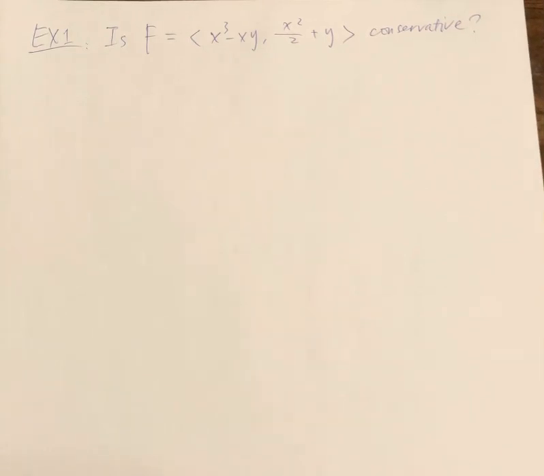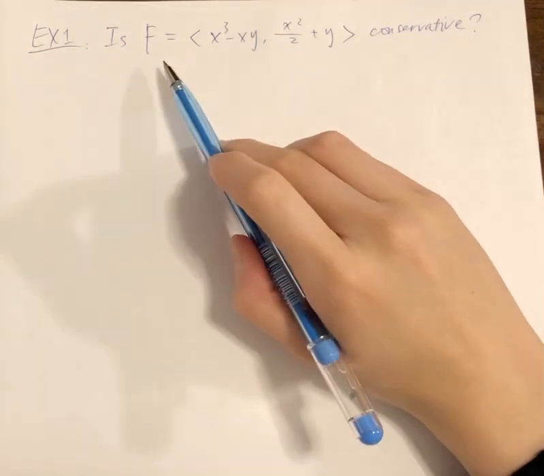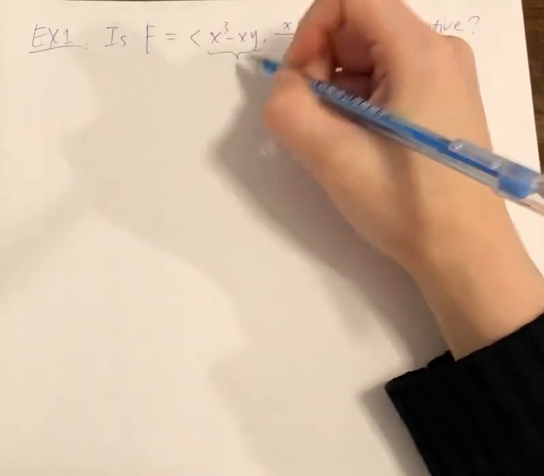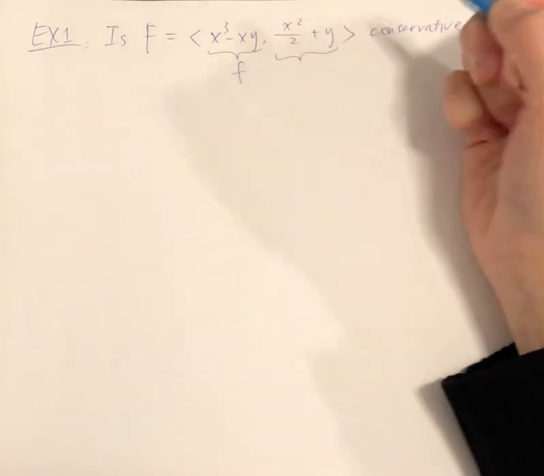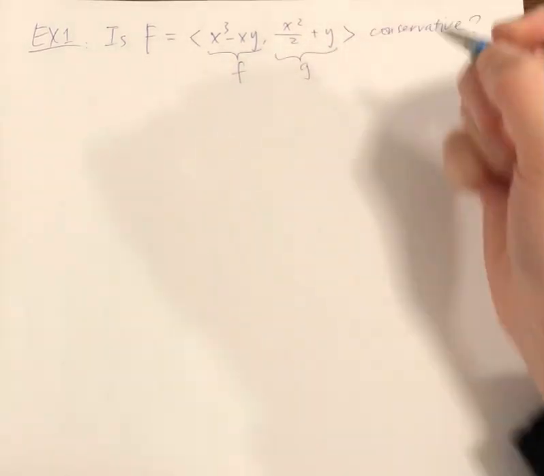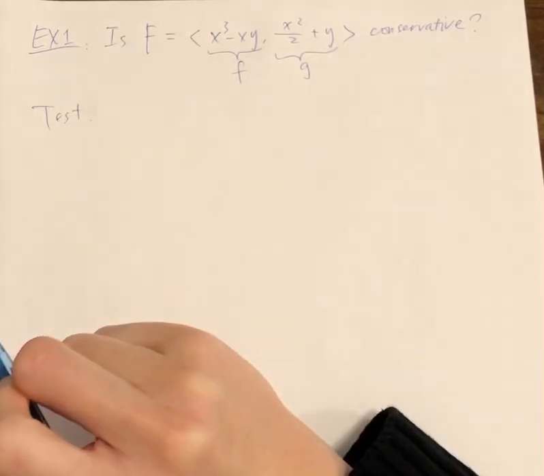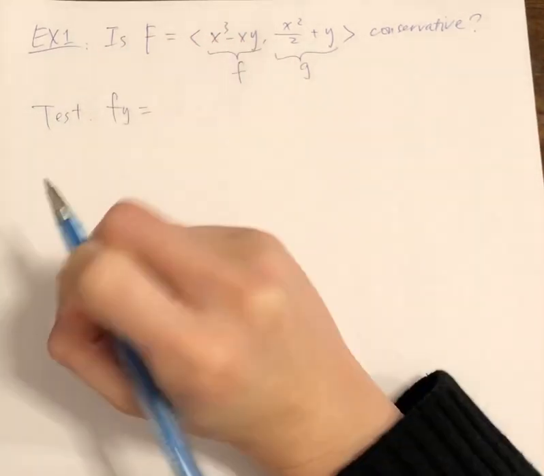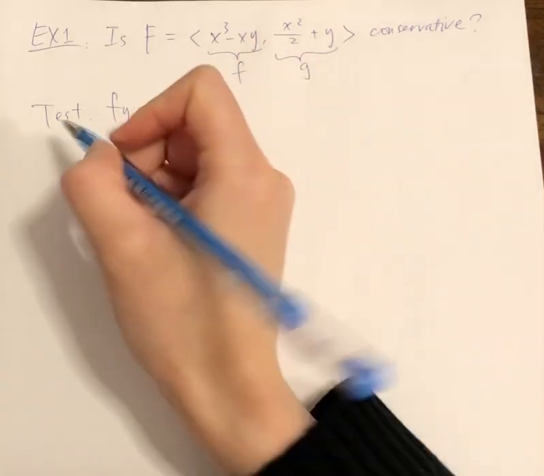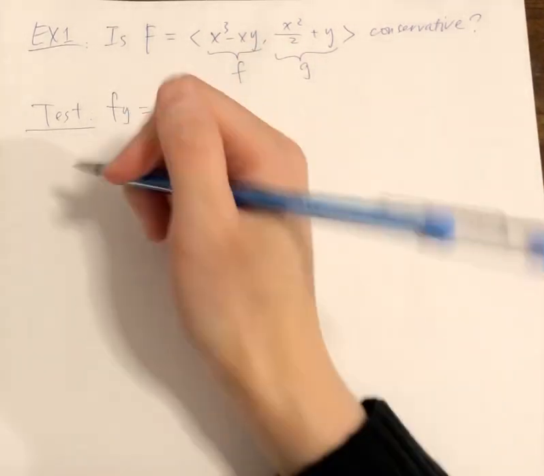So the exercise also asks you, is this f conservative, right? And then we use the test. For the test, we call the first component f, the second component g. And the test is whether fy is equal to gx. That's the test, right? So then we just compute.